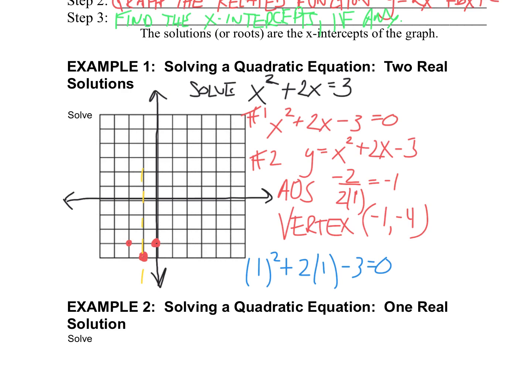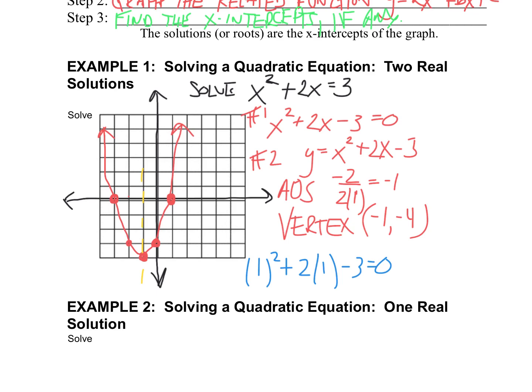Notice that gives me 0. If that's the case, then I know (1, 0) is one of my points. And by the symmetry, there is the other one, on the other side. Remember, we always try to draw a nice smooth curve the best we can, ideally with a pen rather than a stylus.